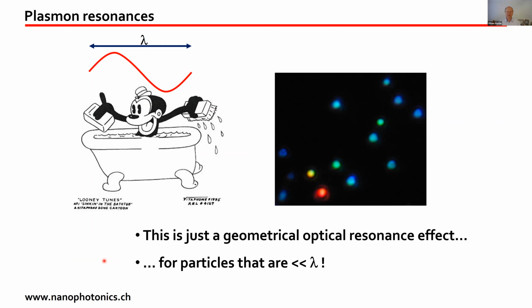If you want to make a big resonance in your bath, you're not just going to wave a little bit your hands around. You're going to move forward and backward in the bathtub such that you make a big wave. So you're going to make a wave that has a wavelength which is comparable to the length of your bathtub. And here, with these plasmonic particles, we have resonances for structures that are much, much smaller than the wavelengths.